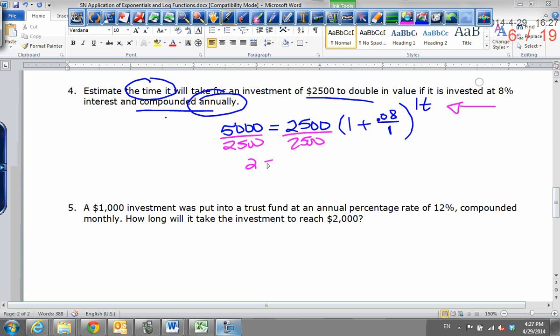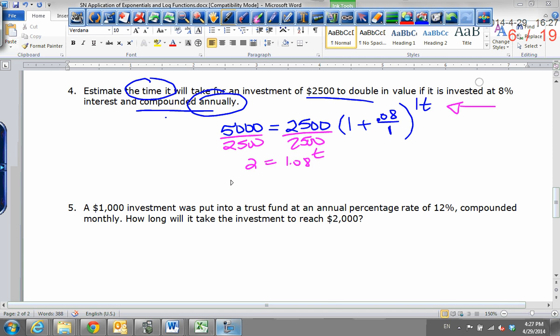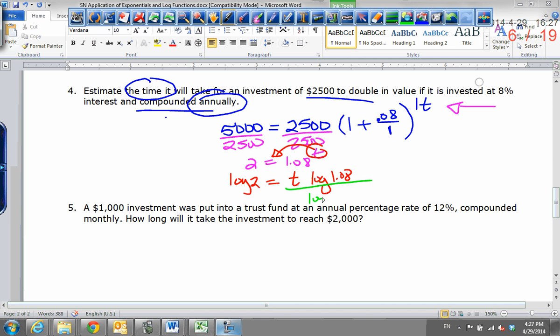I get 2 equals 1.08 to the t. 1 times t is just t. Now from here, we're supposed to take a log of both sides because I can't get that exponent down. So I have log of 2 equals t log of 1.08, because if I take log of both sides, I can move that t in front. The last thing I do is I divide both sides by log of 1.08.